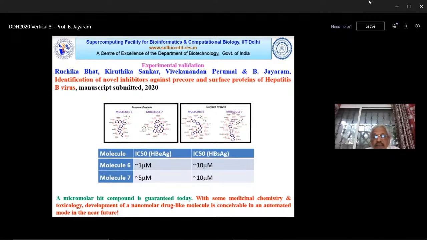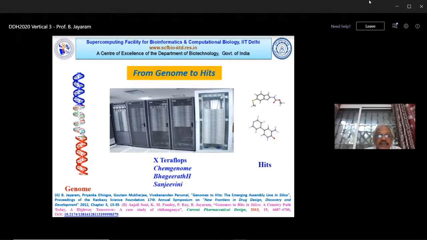If these two are under control, then you solve this problem of drug discovery, and you can automate the whole process. To summarize: genome to hit molecules using these three software suites and some X teraflops, and of course some smart brain power, that most of you have.